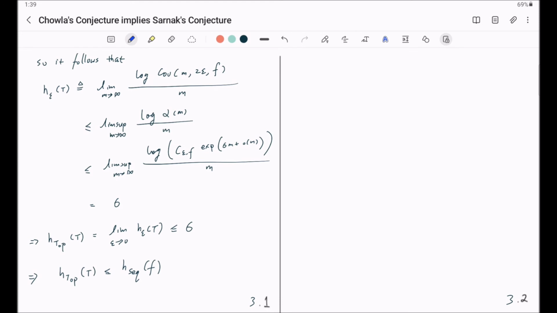And now let us check the other direction. So now we want to show that the topological entropy of the sequence is less than or equal to the topological entropy of this dynamical system.